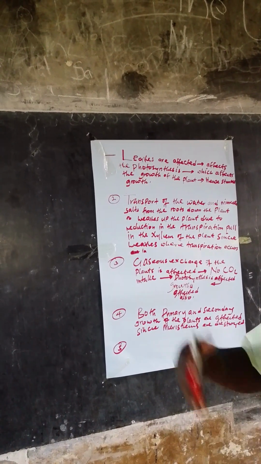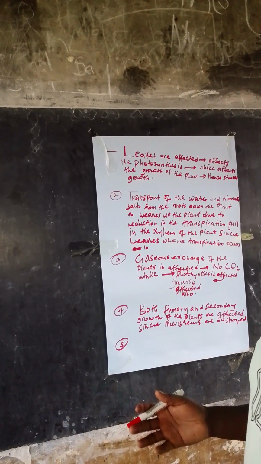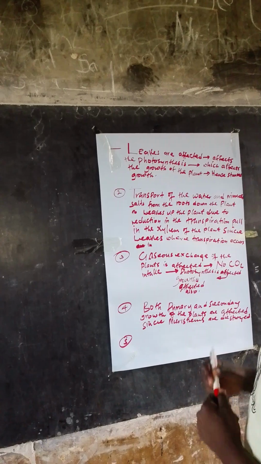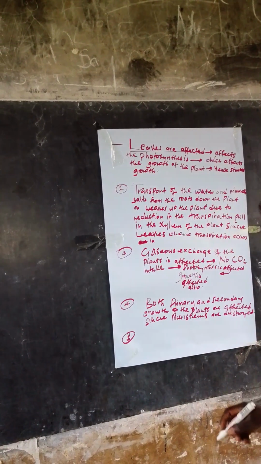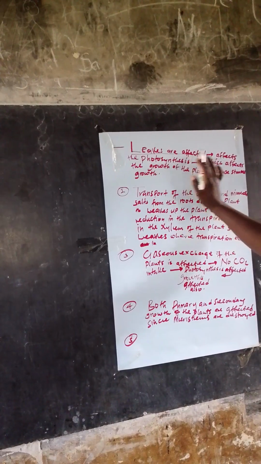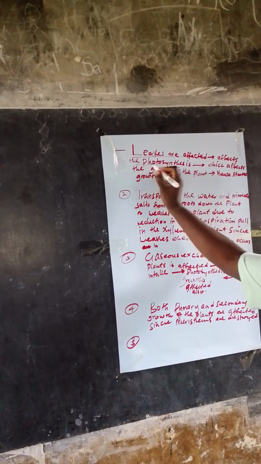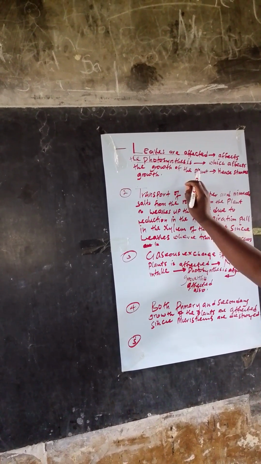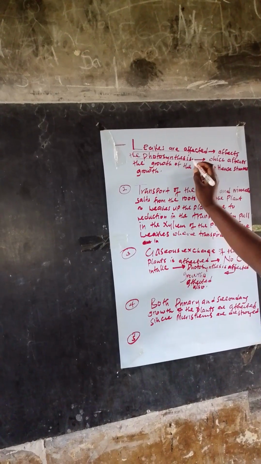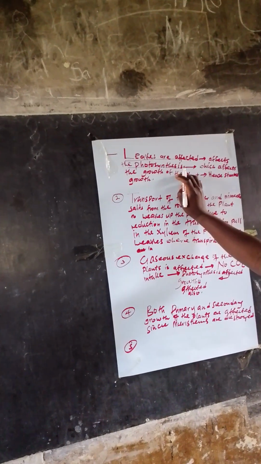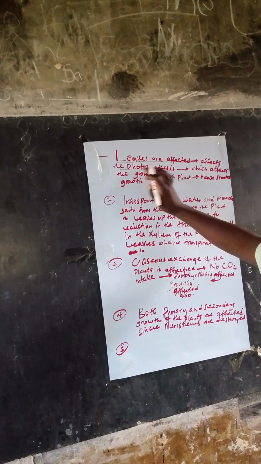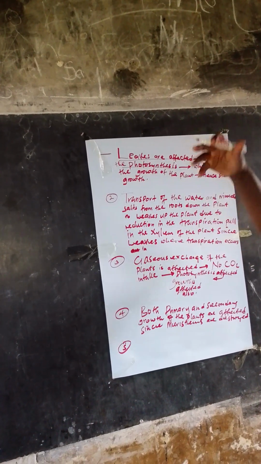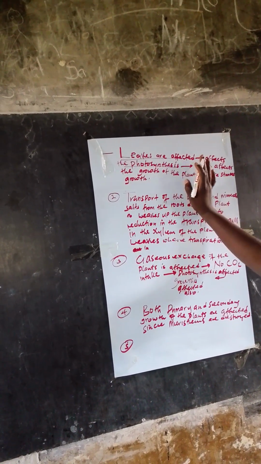So if we remove leaves, or if leaves are affected, this affects the rate of photosynthesis of the plant. If it affects the rate of photosynthesis, it means even the food which should be there in the plant for its growth is going to be affected.